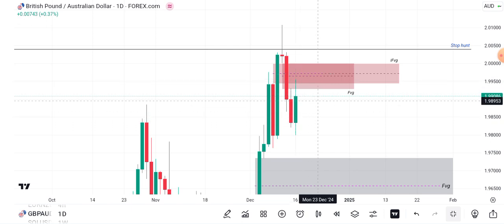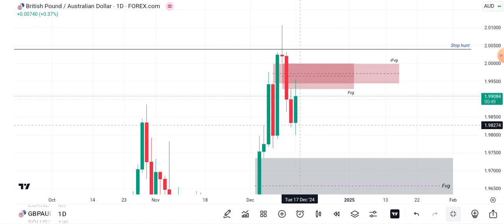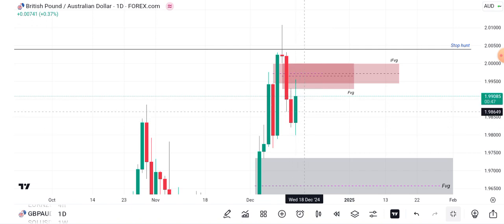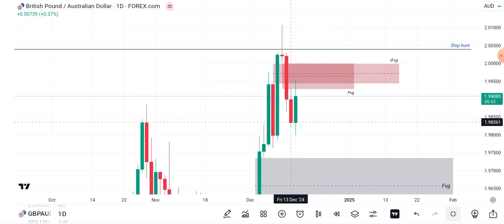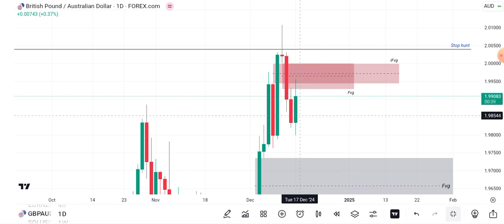What are the things that will give you confirmation? It has already given me a confirmation, but what are the things that will give you confirmation that this market will be willing to go into this fair value gap? Part of those is what I'm going to be showing now, just so you can understand the whole concept.